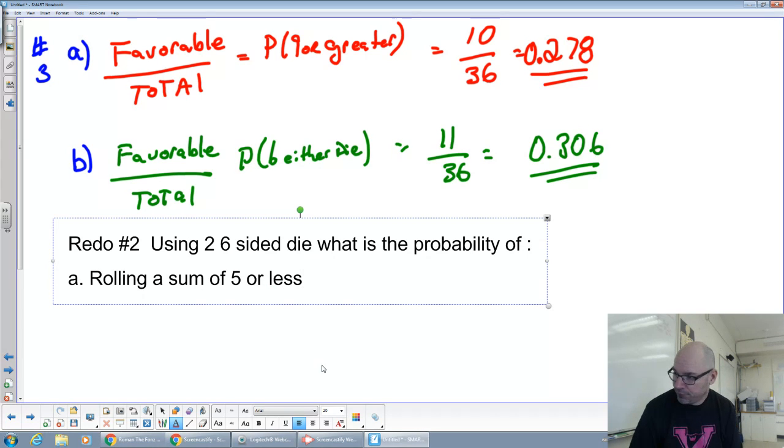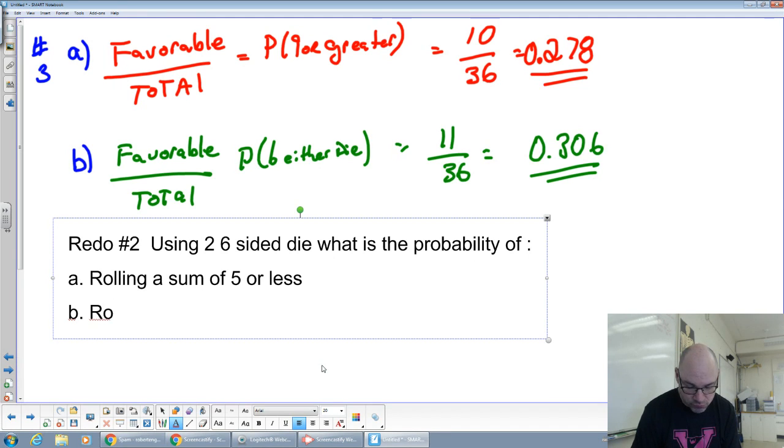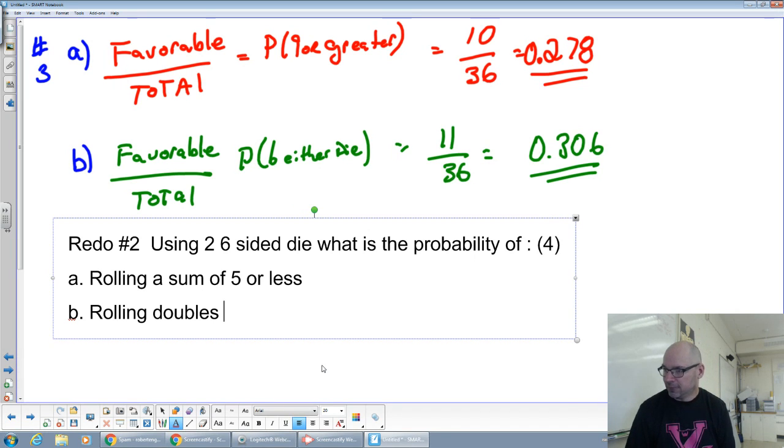And then B, let's say rolling doubles. So doubles on the dice. So 2 1s, 2 2s, and so forth. So that'll be a redo for 4, if you can do that. So follow the technique that we did above. Do that one up there.